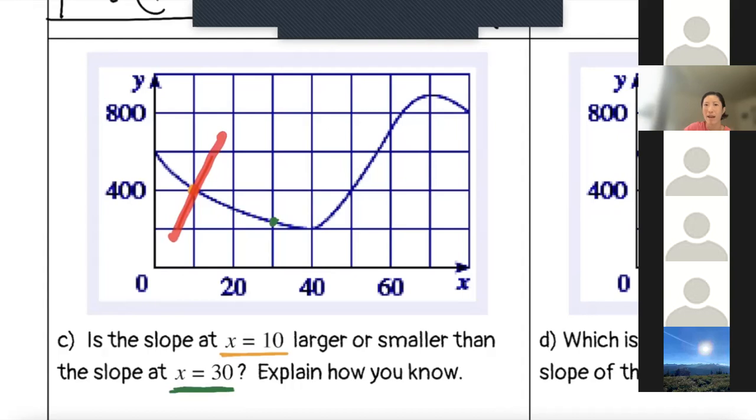Yeah, the red line that I drew has a positive slope, right? But if I look at the actual graph, what kind of slope does this graph have in this region? Is it positive or negative? It's negative, okay? And so we want to add a little bit to that definition of a tangent line.